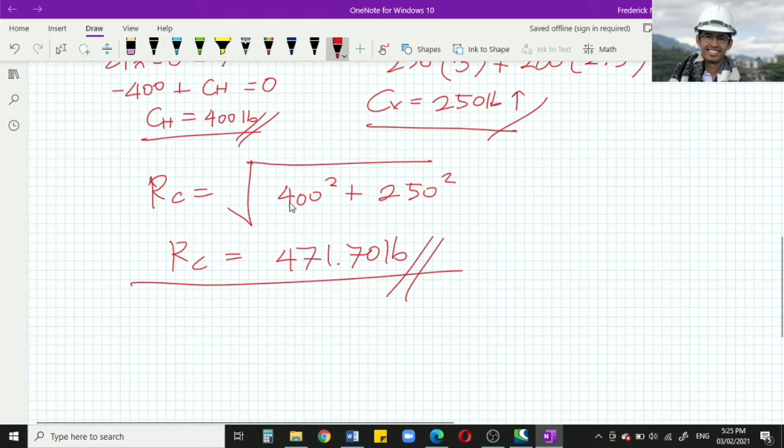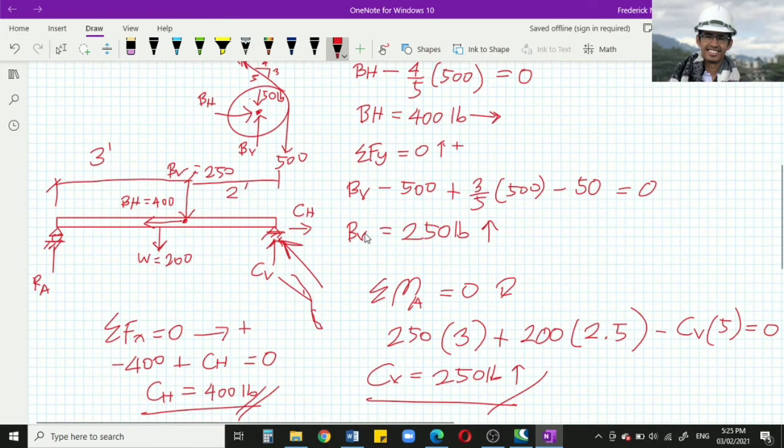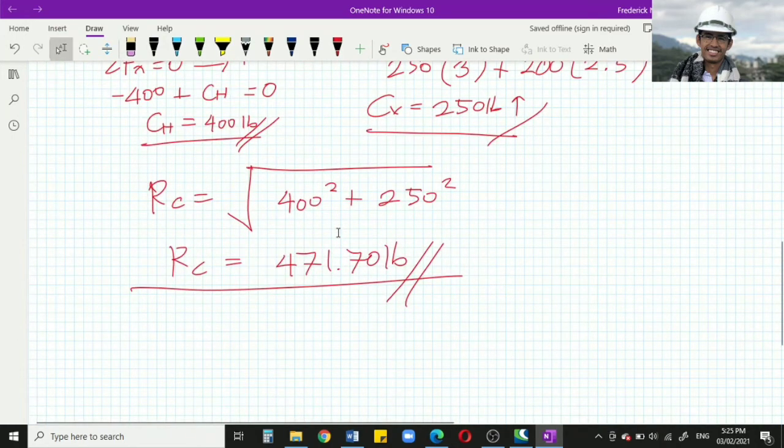And para makuha natin yung direction, so yung RC natin will be nag-act dito. Okay? Upward. This is our RC. Para makuha din natin yung angle theta niya, kung saan siya nag-act.